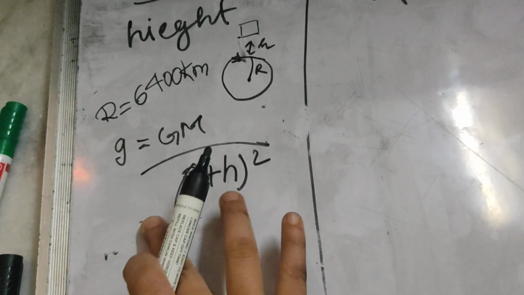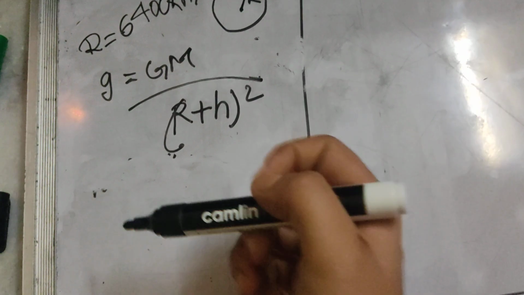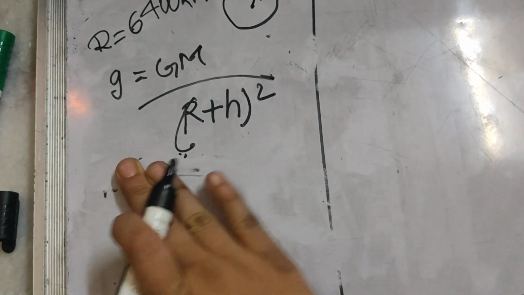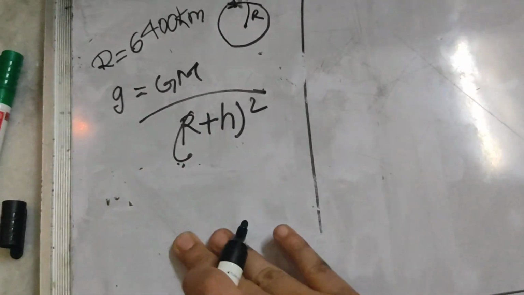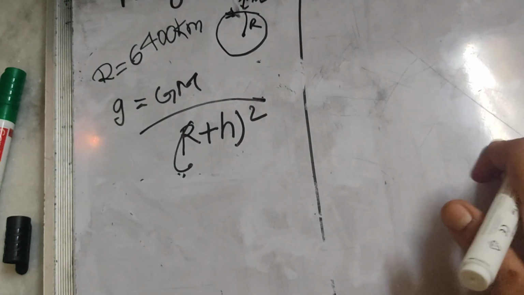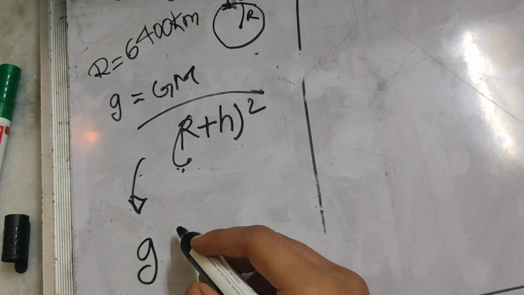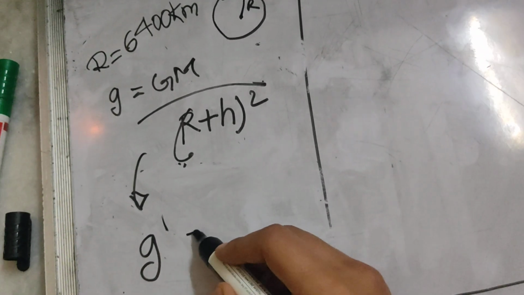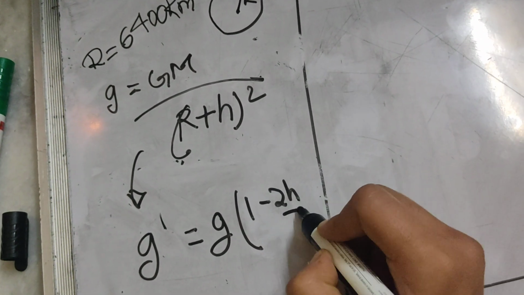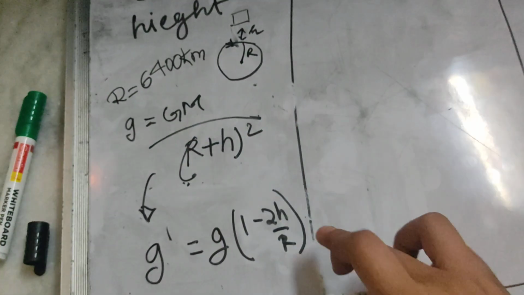Then you need to apply this formula, because h is comparable to R. But sometimes h is only 2 kilometers or 4 kilometers, very small values compared to R. At that time the modification of this formula is g at that particular point equals g at the surface into (1 minus 2h upon R). This is the formula. So in height cases you need to remember two formulas.